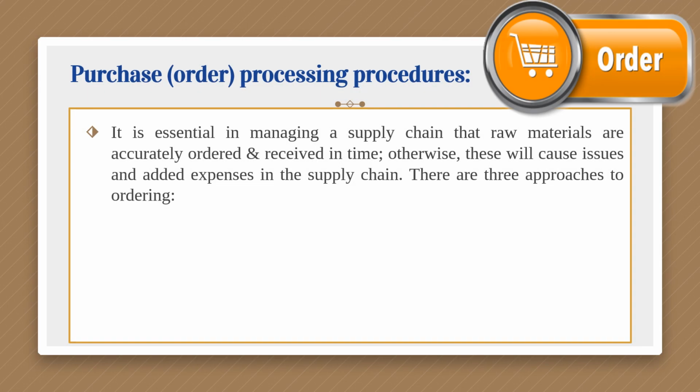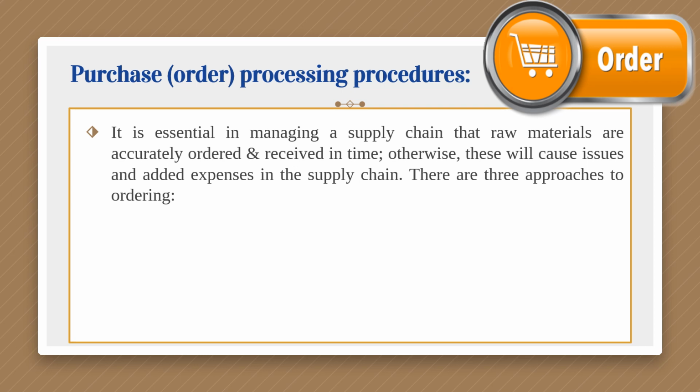One essential for success in managing a supply chain is that raw materials and services are accurately ordered and received on time. Otherwise, this will add expenses to the supply chain, through delays in the production process and extra labor cost.